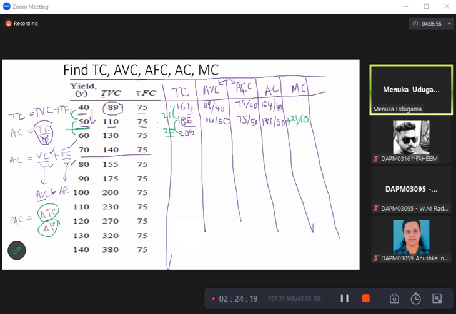When you produce the 60th unit, the marginal cost is, this difference is 20. So 20 over, output difference is 10. Right? So likewise, we can calculate the marginal cost at each of these points.